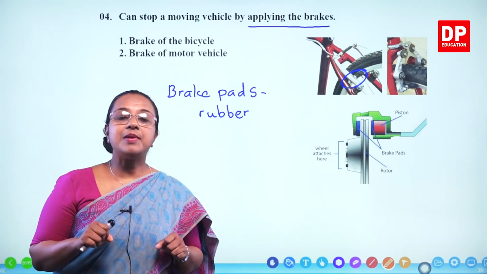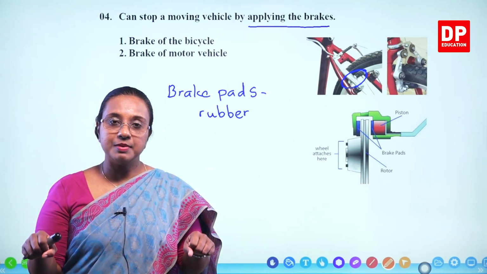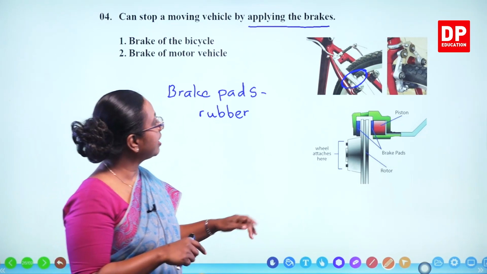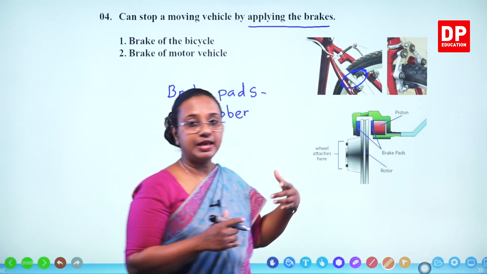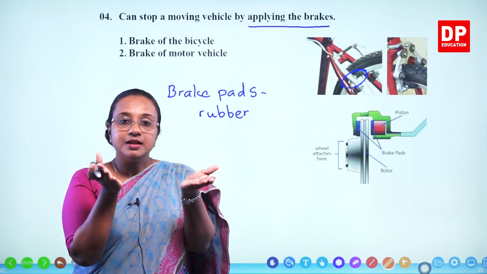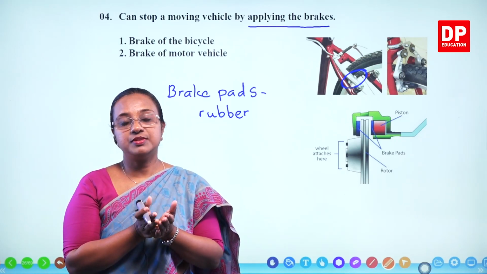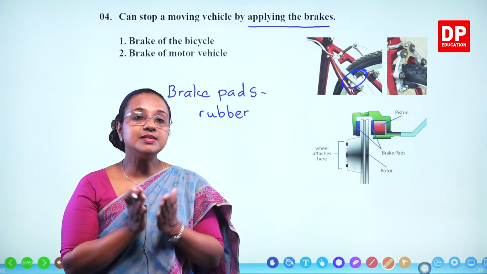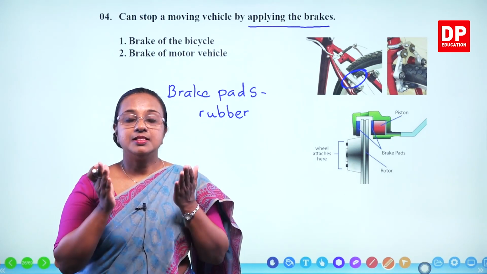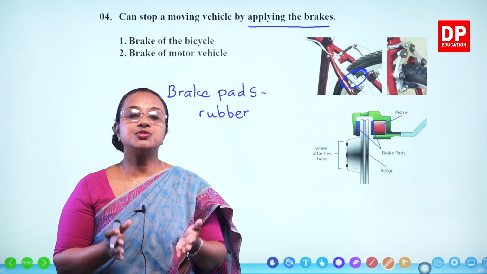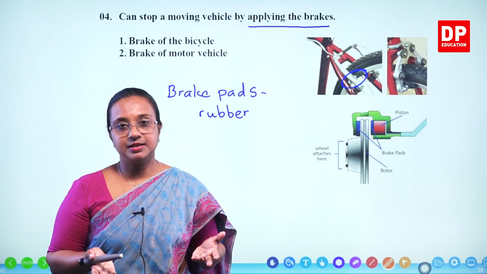So when you apply the brake from the handlebar, the connecting wires act on the brake pad and these two brake pads go and touch the rim of the wheel. And when the surfaces are rough, there is high friction. That friction helps to stop the moving bicycle.